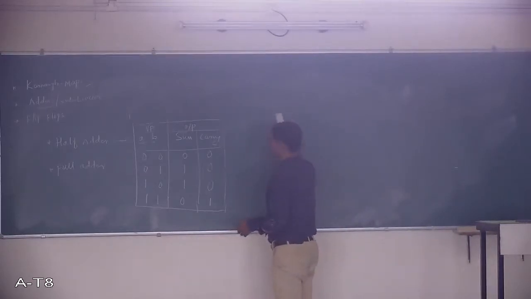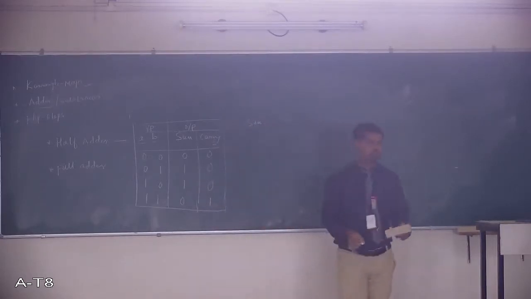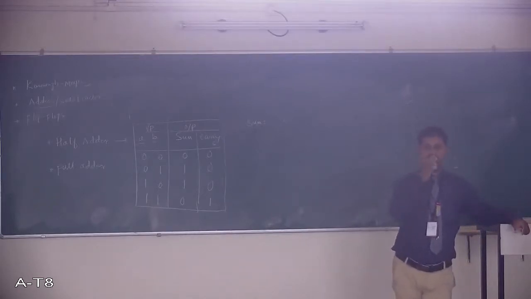And if you want to write the output expression, you have 2 expressions. What is the output expression? In the truth table, for all input combinations, keeping in mind the entire thing, one summarized simple expression I will write. That will describe the entire truth table.